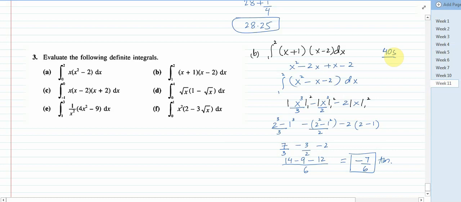Alright, so after part B you need to attempt part D now. It's the integral from 0 till 4 of root x times (1 minus root x) dx, and for this part you have a time of 2 minutes. So first give it a try and then I will explain. So stop.